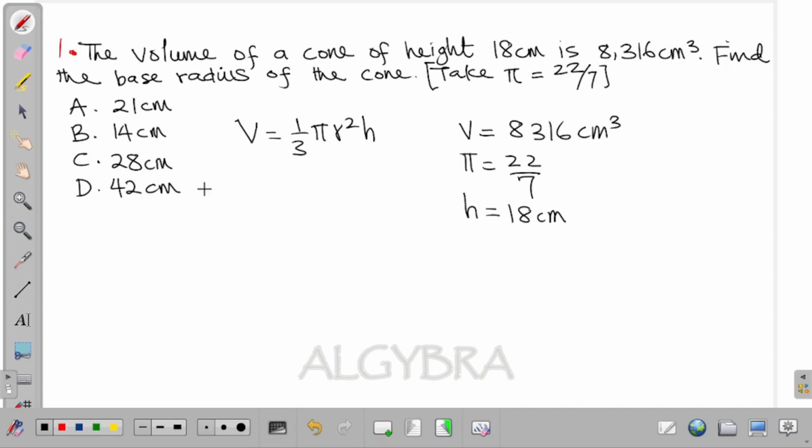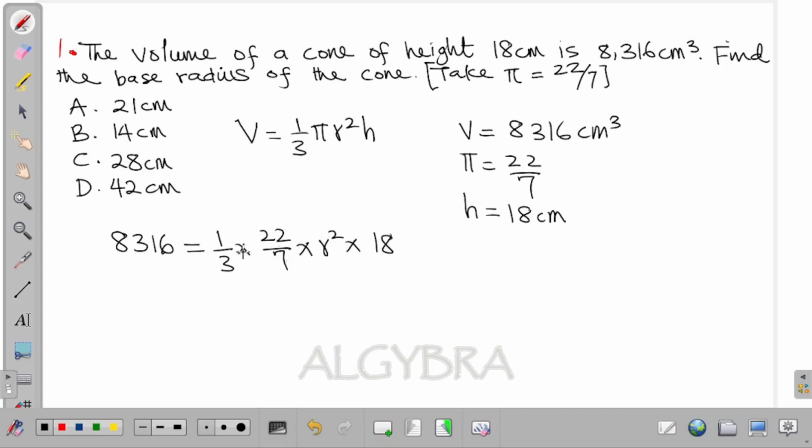If I plug in the value of V into this equation, I'm going to have that 8,316, which is V, is equal to 1 over 3 multiplied by pi, which is 22 over 7, multiplied by r squared multiplied by h, which is 18 centimeters.